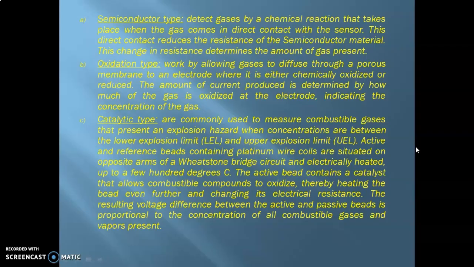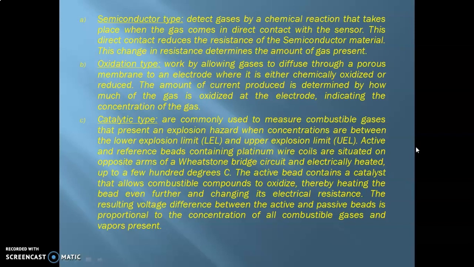Now, the active beads contain a certain catalyst that allows the explosive gases or the combustible gases to oxidize when they come into contact with these active beads. Okay, and therefore, due to this oxidization, the amount of heat that is being produced further increases at the active beads, and it changes the electrical resistance of the active beads. Now due to this change in the electrical resistance of the active beads, the voltage difference between the active and the passive beads also changes.